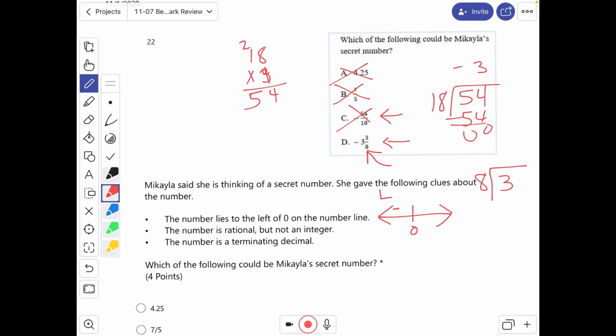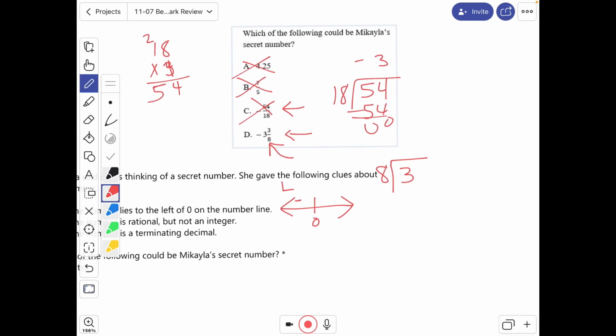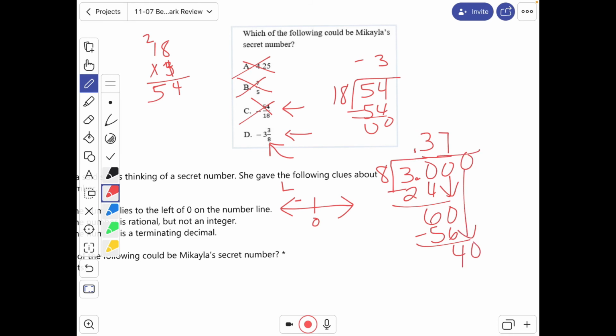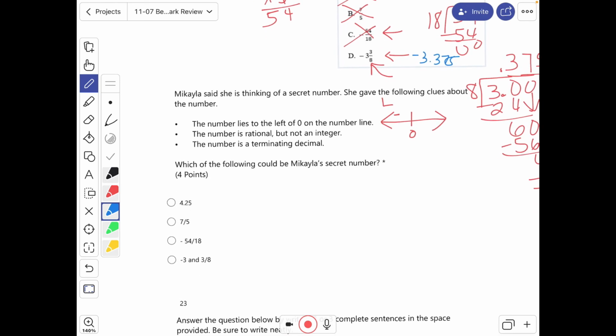So the top number goes in the house and the bottom number goes outside the house. 8 goes into 30 3 times, 6 left over. 8 goes into 60 7 times, 4 left over. 8 goes into 40 5 times. So this one would be -3.375. That is a terminating decimal. So my answer is -3 3/8.